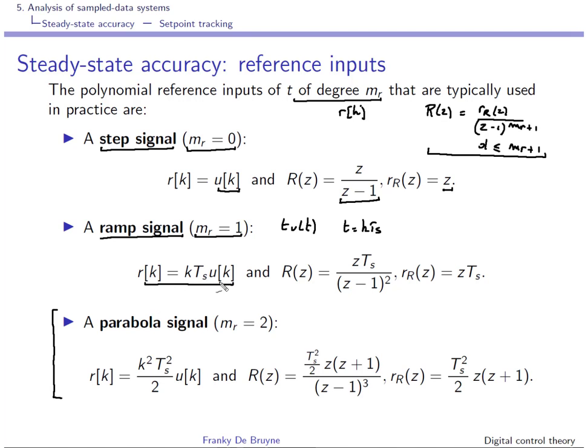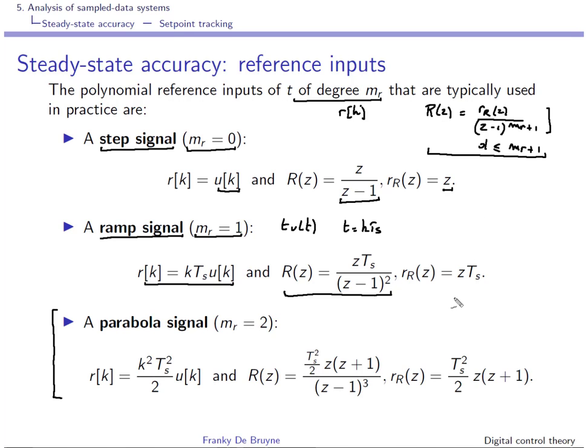Again, you should be able to find that its z transform is given over here, with a transfer function of this form. I have a degree 2 over here, but m_R is equal to 1, so check, this is correct. The polynomial over here is z times T_s, and it is of degree 1, m_R plus 1. So the degree is indeed smaller or equal to 2.